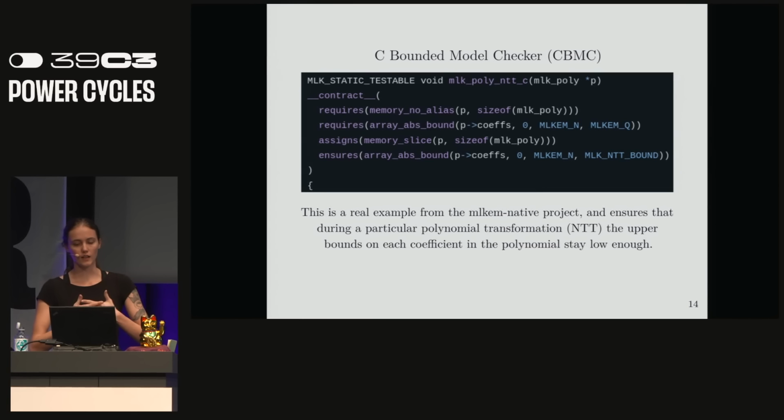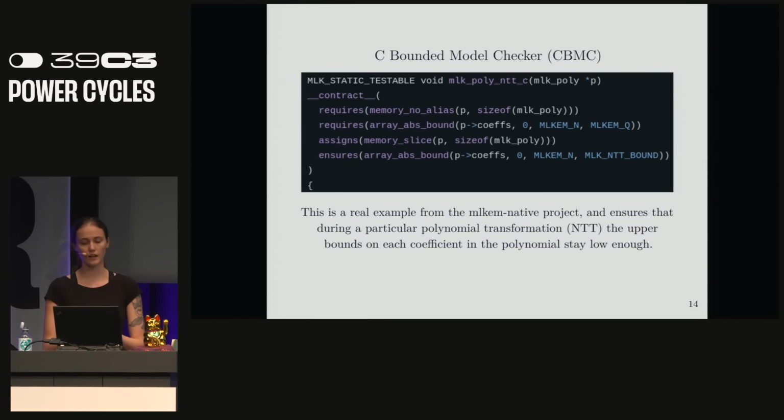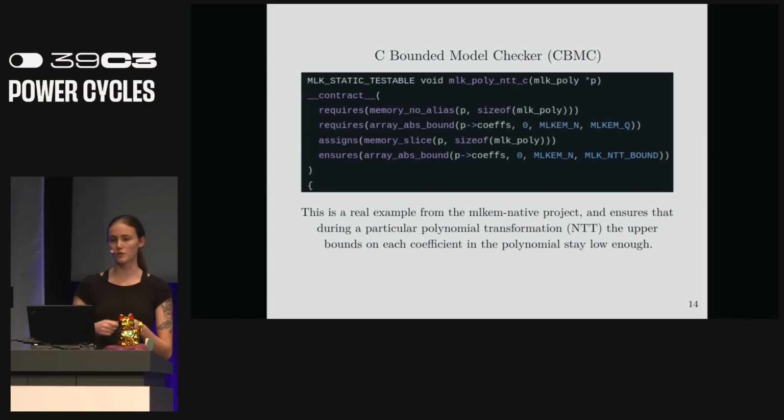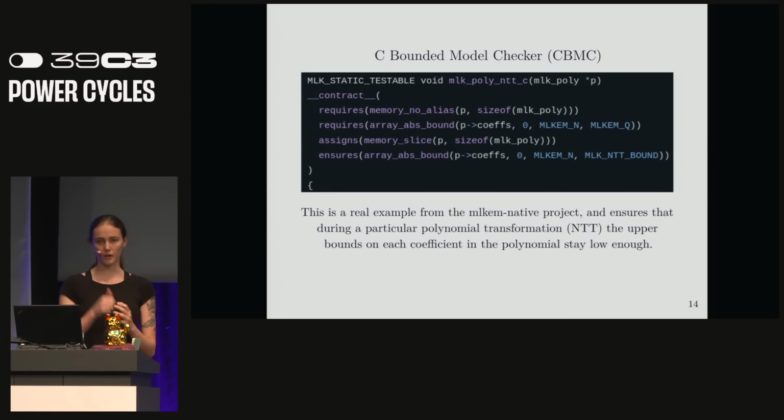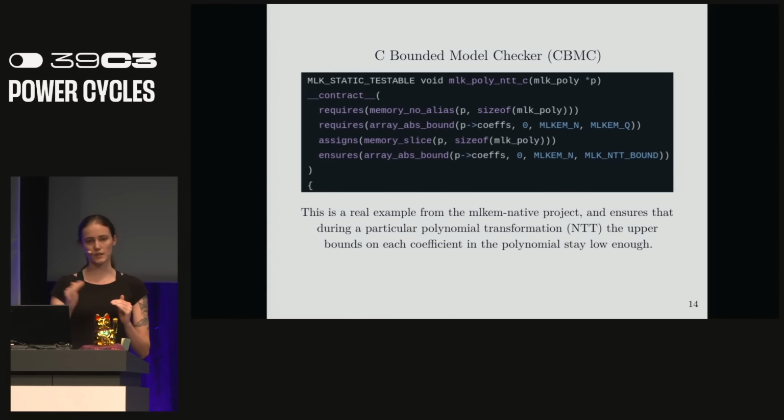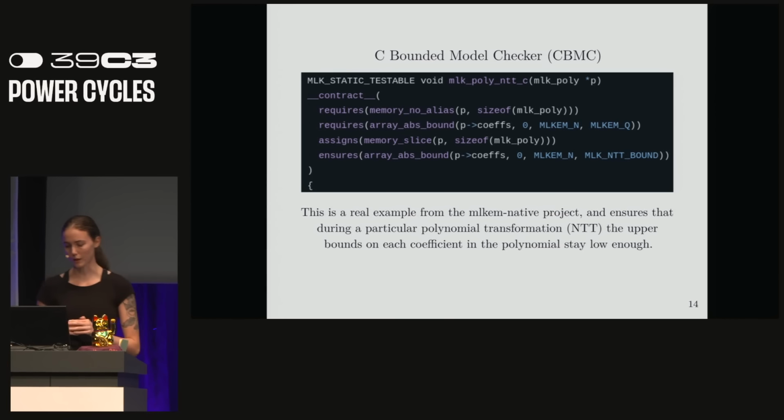It's saying that when you call it, it expects an array of a certain size. It expects each element of that array to have a certain maximum value. And in return, it guarantees that it's only going to modify memory in that array, and it gives you a new range where each value is going to be below this new maximum bound.